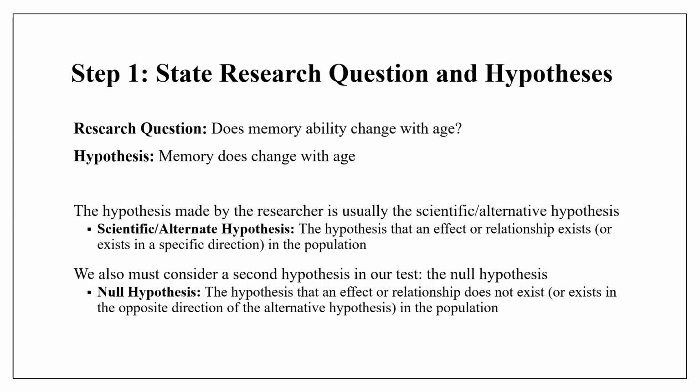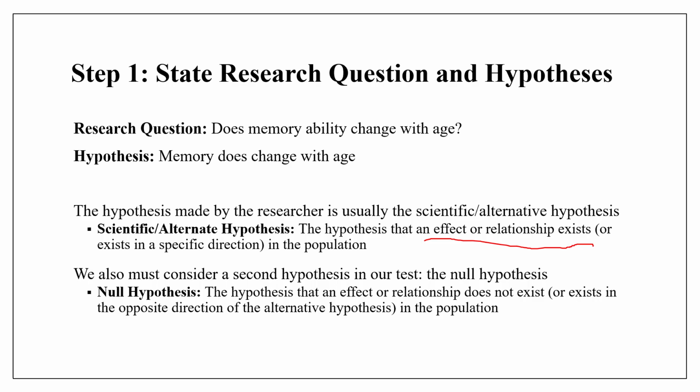Now, again, the terminology that we're introducing here is the scientific or alternate hypothesis and the null hypothesis. Now, the alternate hypothesis is the hypothesis that the researcher usually makes, and specifically is going to be a hypothesis where we are predicting an effect. So we're saying that something does actually happen.